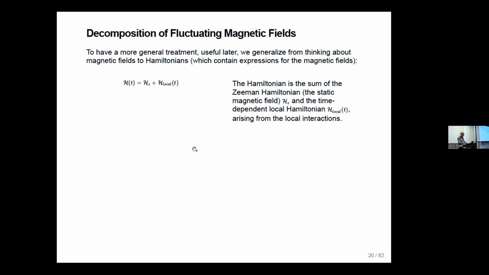And then I have some fluctuating Hamiltonian that's the sum of all these internal Hamiltonians for the dipole magnetic fields, chemical shift anisotropy from the electrons, etc. Quadrupole interactions if I have quadrupole. I'm just calling HZ the static magnetic field. And then I have all the local fields.